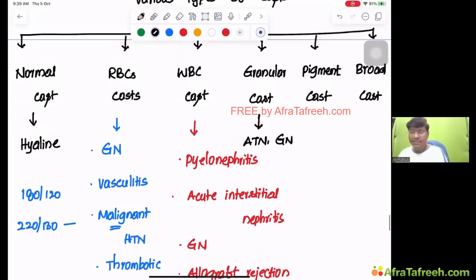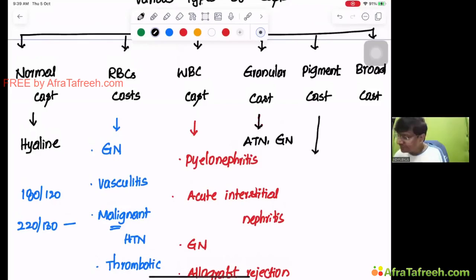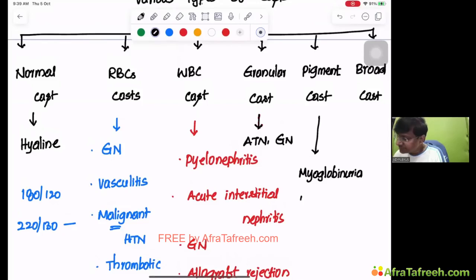And you take the pigment cast. What do you mean by this pigment cast? You have some pigmented material in that. Where can you have that? In case of myoglobinuria, and the other condition is hemoglobinuria.